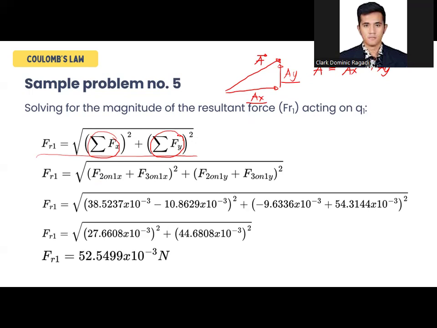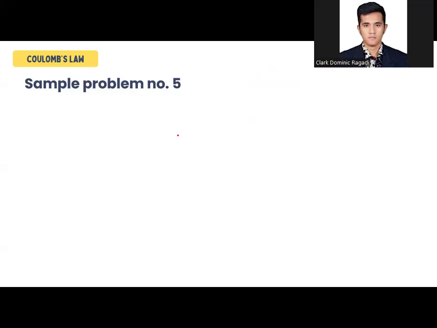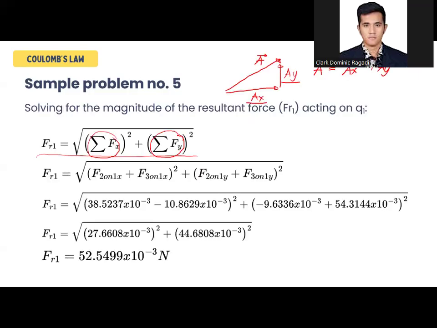To solve for the direction, we're going to use the angular form. Let's go back. If you can observe here, the sums of the forces are both positive. We have the sum of the forces along x and the sum of the forces along y. So what can we infer about the direction of the resultant force? The sum of Fx is positive and the sum of Fy is also positive.